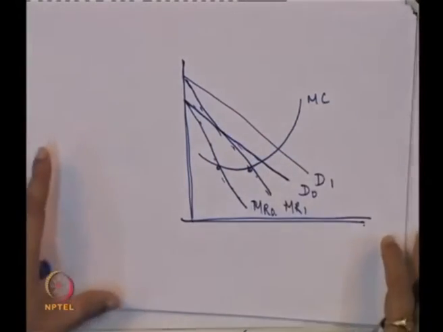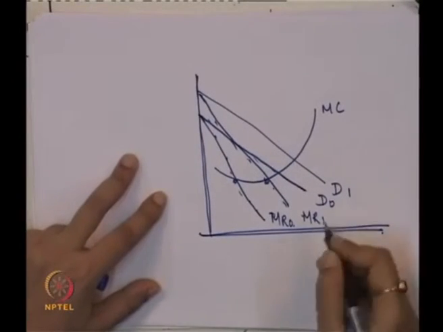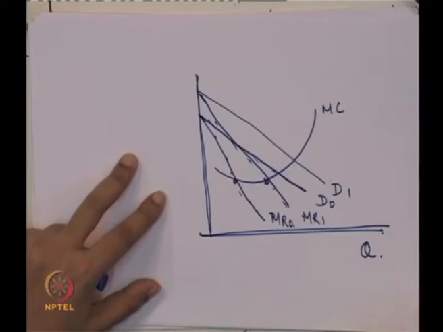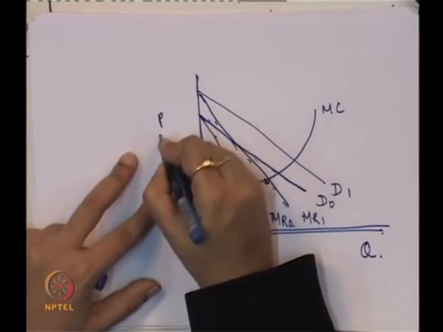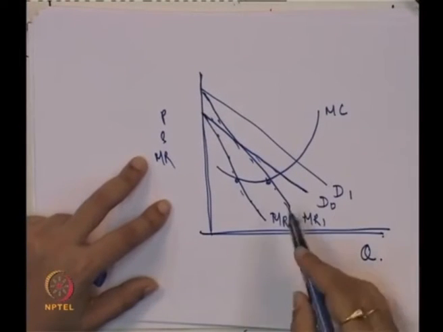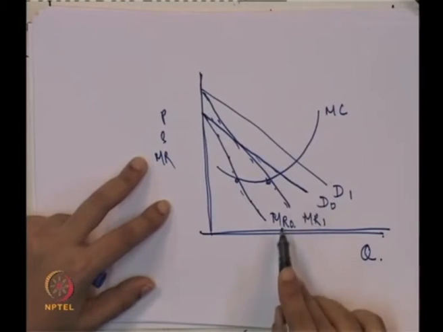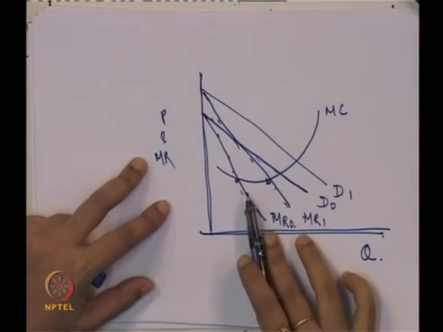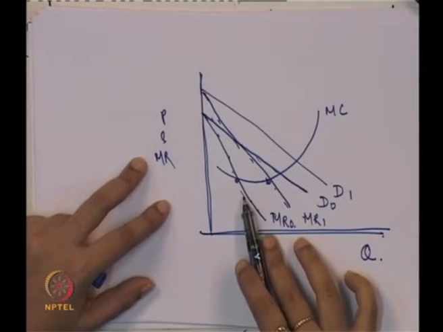Okay. So, initially we can consider the quantity over here, and the price and MR over here. Initially the demand curve is D0 and the marginal revenue curve is MR0. What is the corresponding equilibrium point?